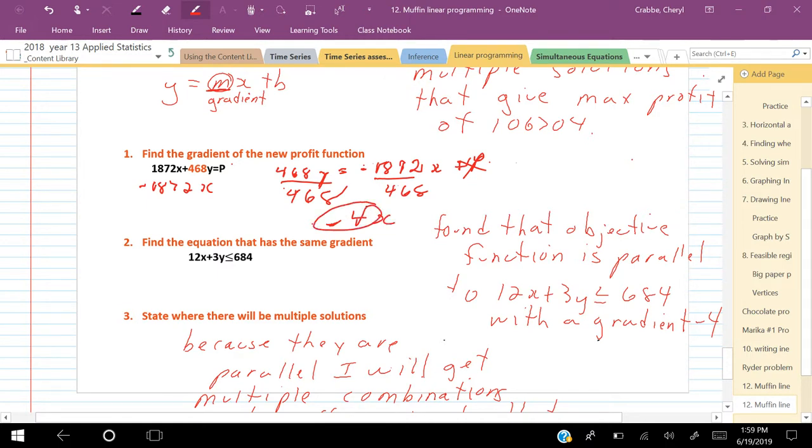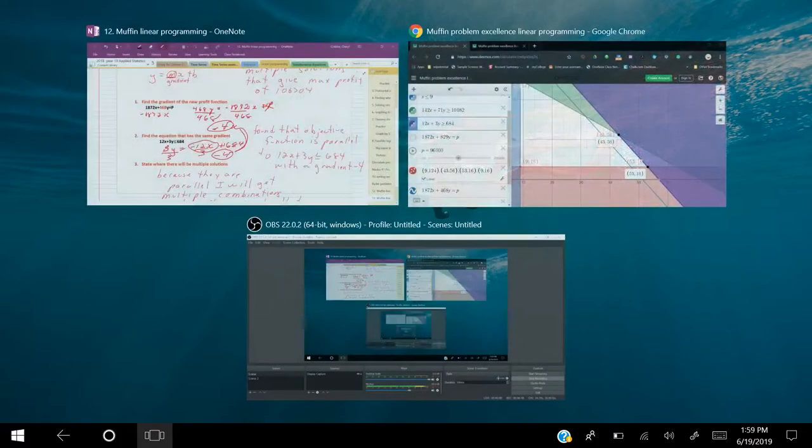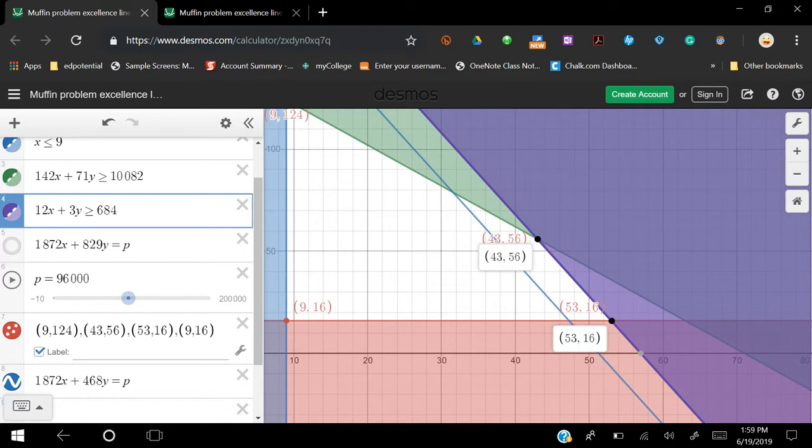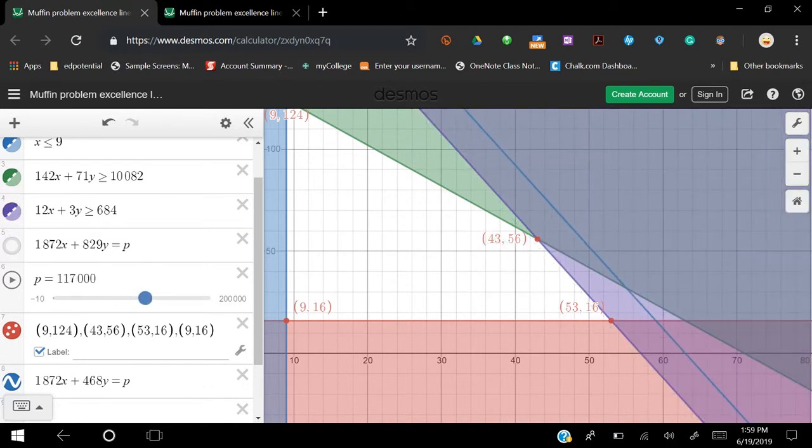So we do the same thing down here. We get the 3y and we subtract the 12x plus the 684. But we're only interested in this. Then we divide by 3 and we get negative 4 for the gradient. So basically those two lines have the same gradient. That's why they're parallel. That's what Desmos is showing us: that this line here is parallel to this back line.